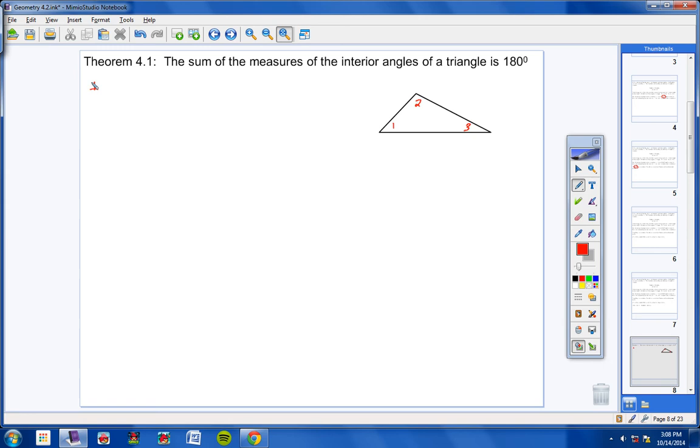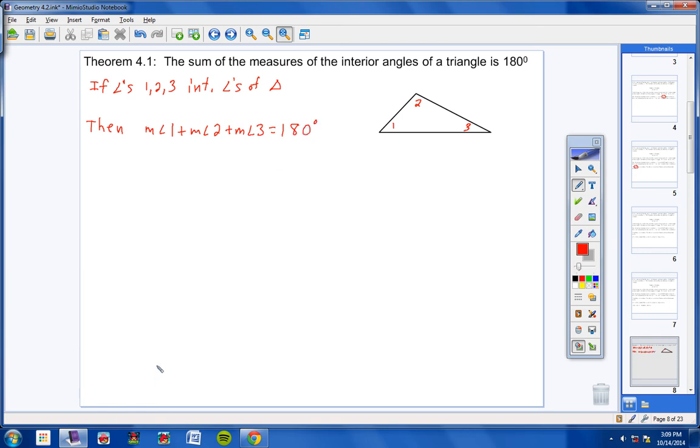Off to the side over here, I want you to write: if angles 1, 2, and 3 are interior angles of a triangle, which they are, then angle 1 plus angle 2 plus the measure of angle 3 equals 180 degrees.